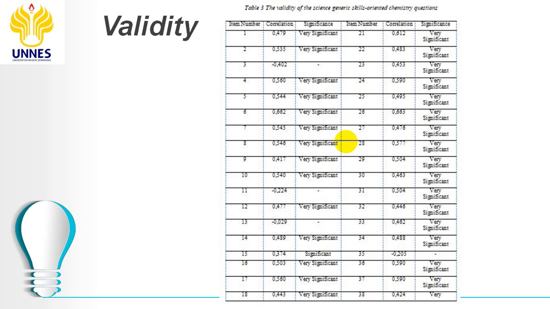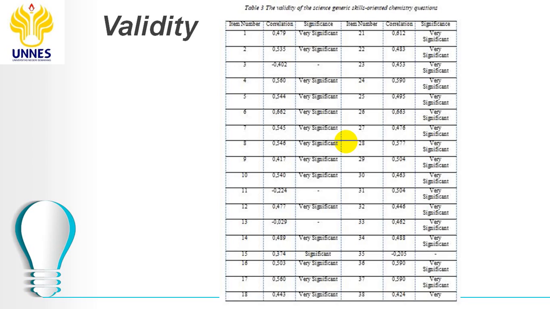Okay, alright. About significant, very significant validity. Based on the result of the validity, it is known that the chemistry questions oriented towards scientific skill consist of 40 items, 35 items of which are very valid.